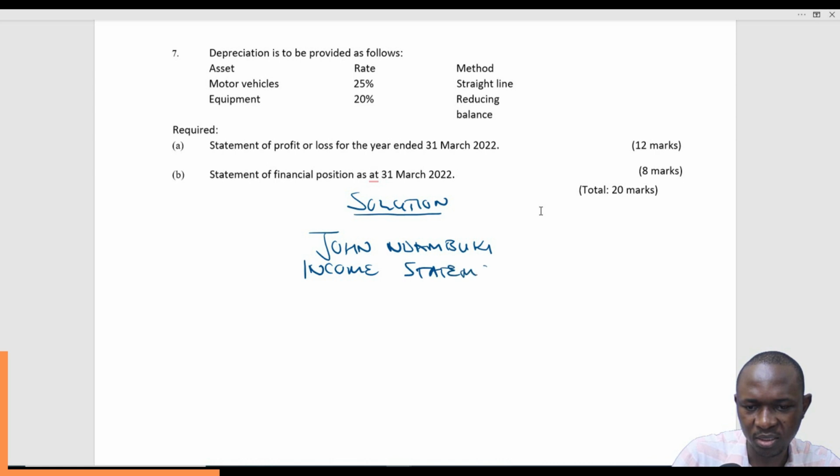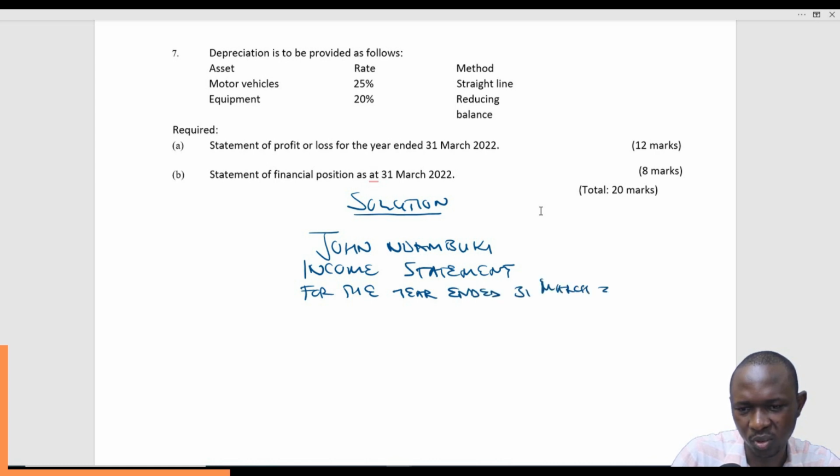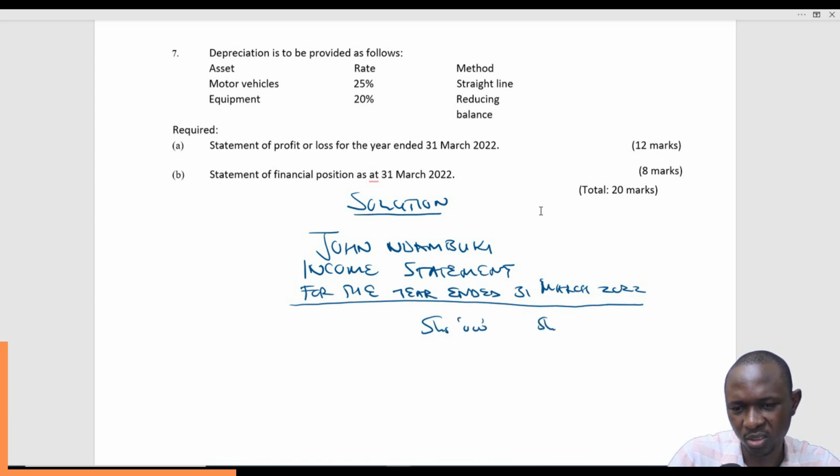Income statement will comprise the trading account and the profit and loss. Then for the year ended 31st March 2022, like that. Then you underline, and then you can have shillings here, shillings and shillings.